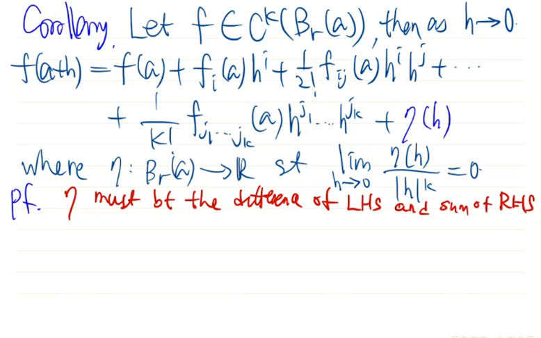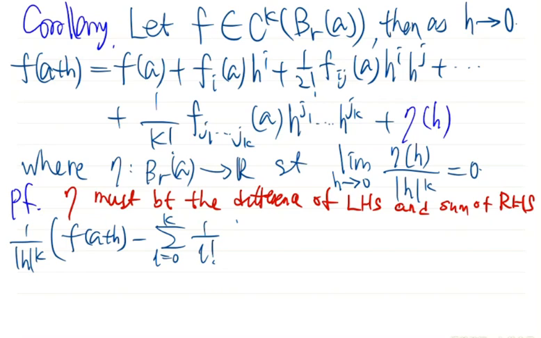So we need to prove that f(a+h) minus the other terms, we can use the summation, l is 0 to k minus 1, of f_{j1...jl}(a) h_{j1}...h_{jl}.